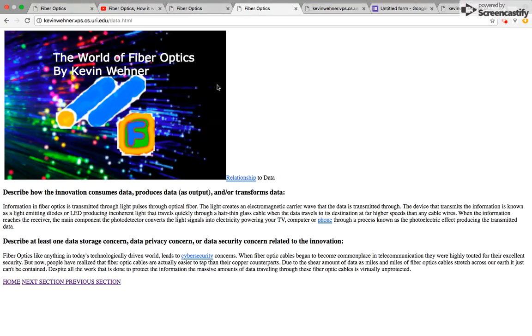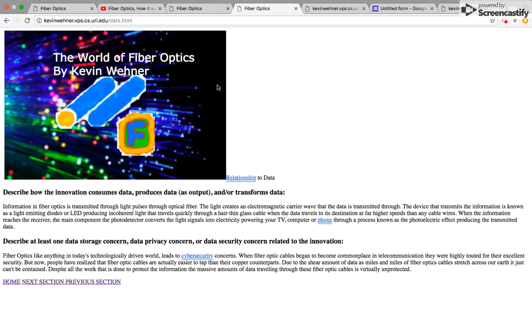Next, we'll look at my data section. So it asks how the innovation consumes and produces data or transforms data. Data is a huge part of computer science innovations, and there's so much data coming in that we'll get to in the second question. But the first one is describe how the innovation consumes data, produces data, and transforms it.